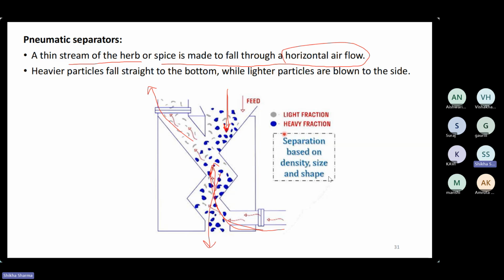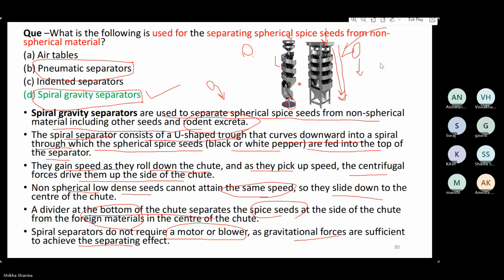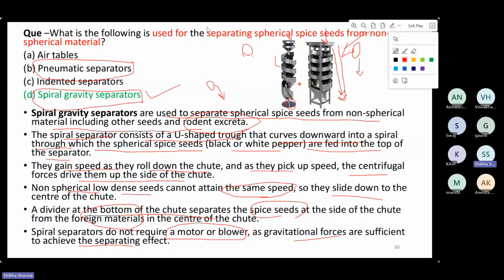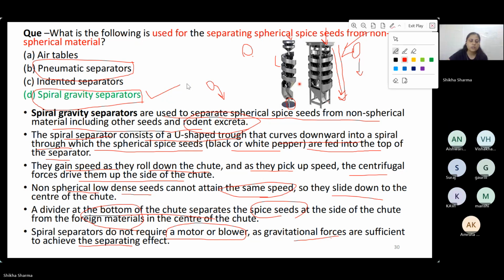So based on density, size and shape, the separation happens in pneumatic separators. So here the answer is D, because spiral gravity separators are the ones which separate completely based on the shape, which is spherical or non-spherical. Is this question clear? Can we move to the next question?